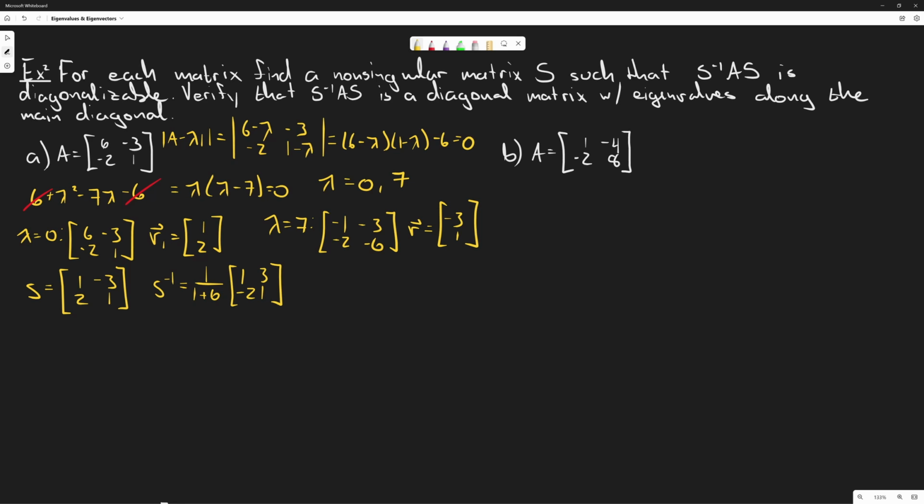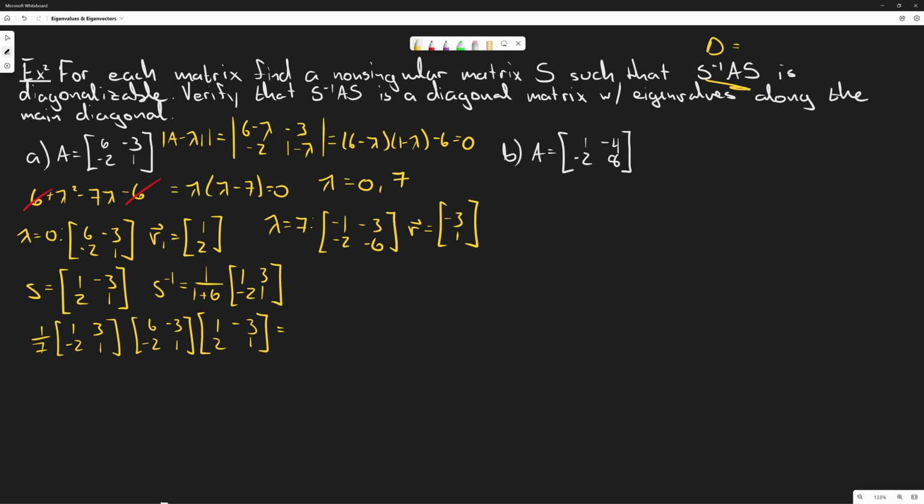I'm not going to distribute the 1/7 because I don't want to deal with fractions, but we can now use our formula. D is equal to S inverse A S, this part right here. So 1/7 times 1, -2, 3, 1 multiplied by matrix A, 6, -2, -3, 1 multiplied by our invertible matrix S, 1, 2, -3, 1.